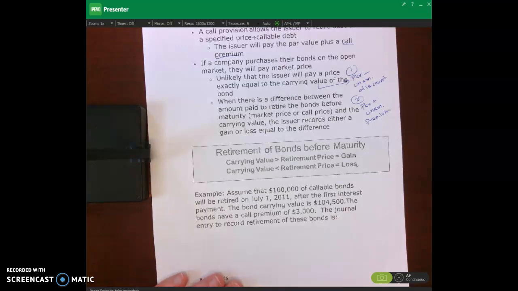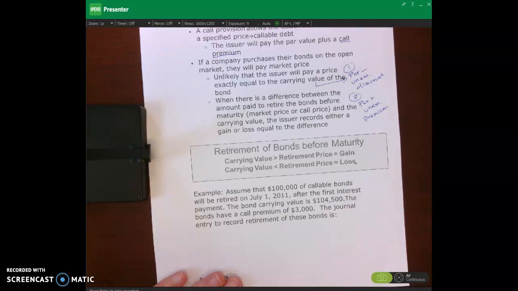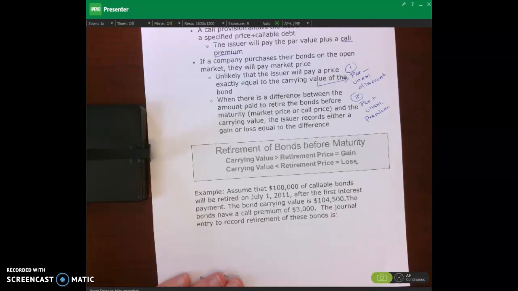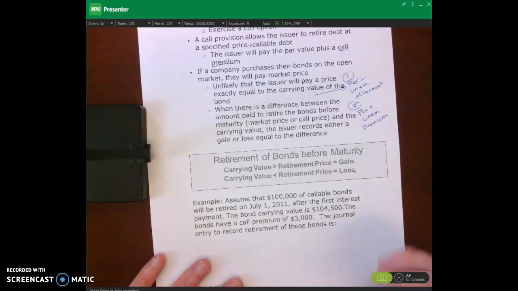Okay, so let's look at our example here to really walk through this. Assume that $100,000 of callable bonds will be retired on July 1st after the first interest payment. The bond carrying value is $104,500. These have a call premium of $3,000. So when I see this call premium, what does that mean?